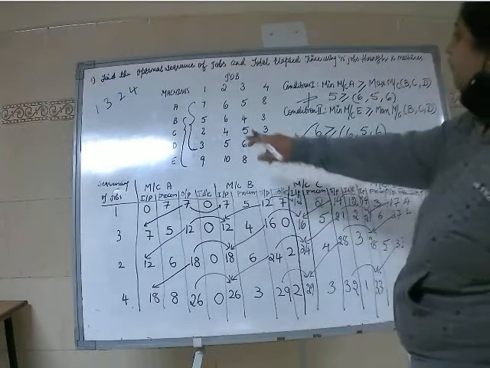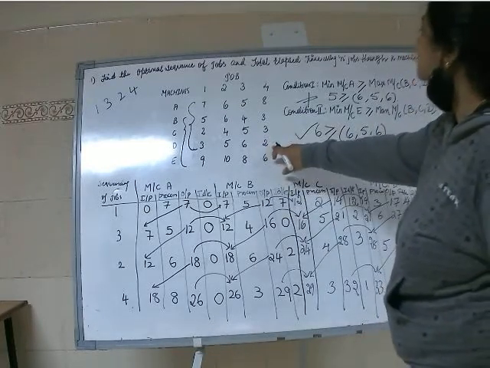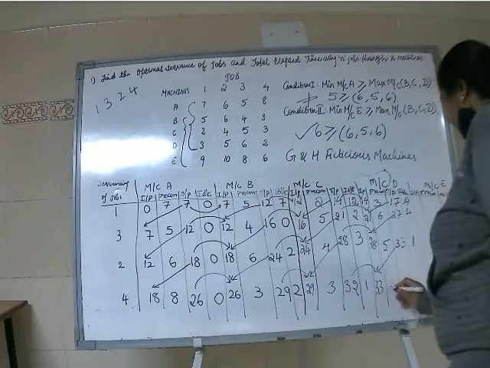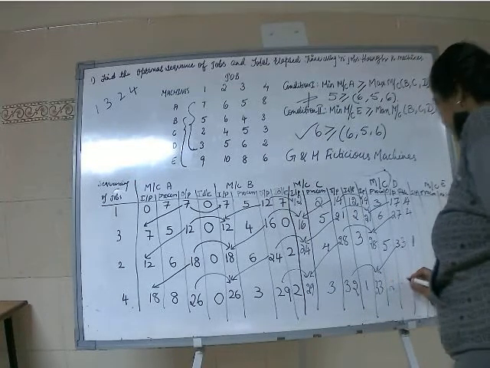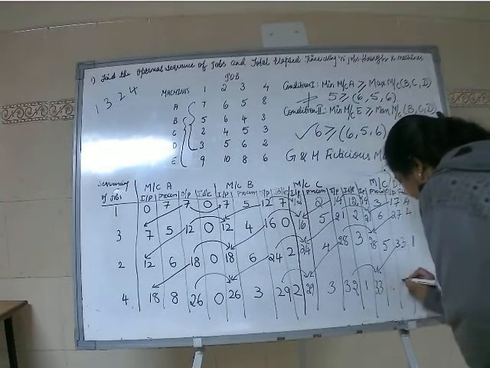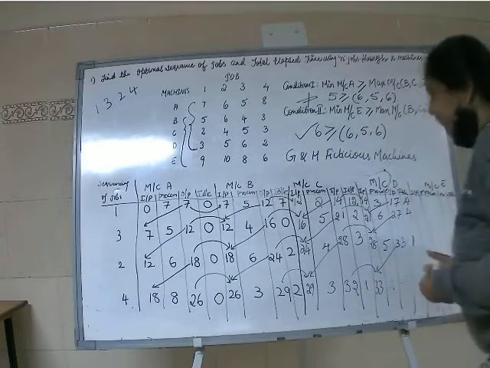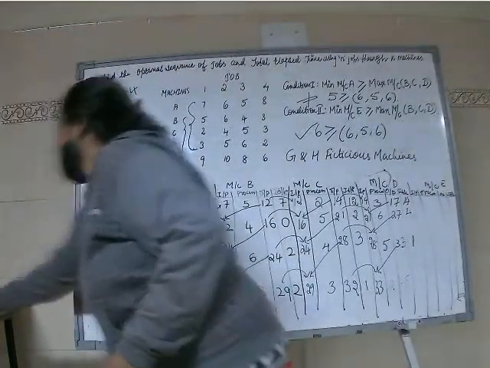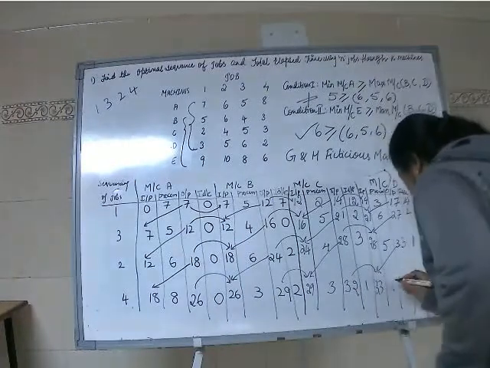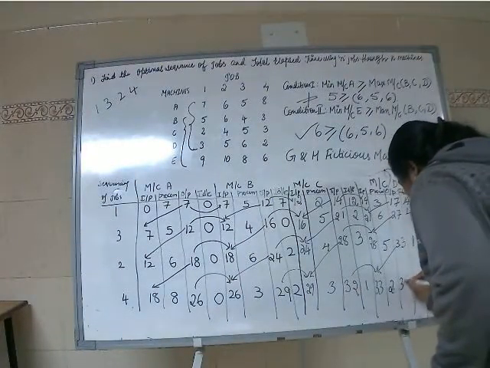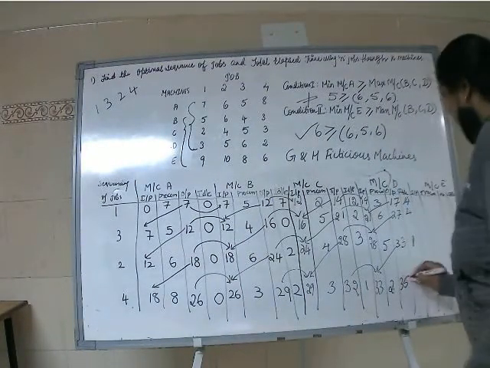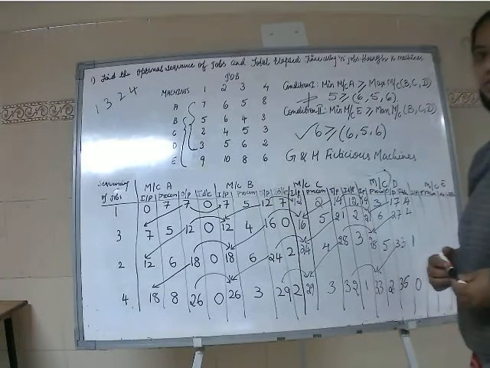Process value for machine D is 2. Okay, so it sums up 30. When I sum up, it becomes 35. So the idle value will become 0, students.